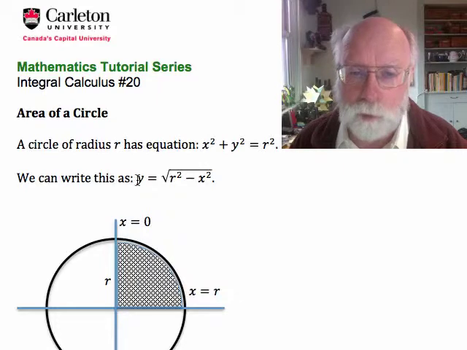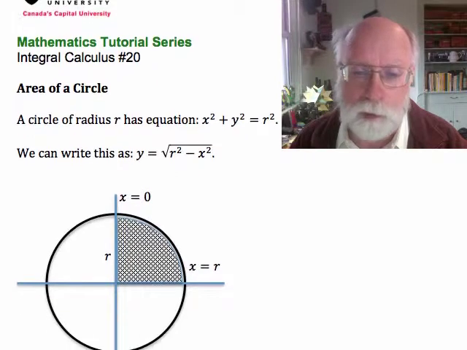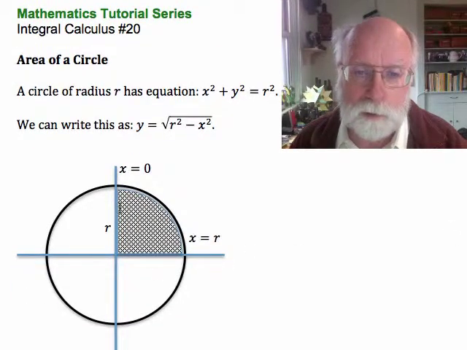So this formula is valid on the top half of the circle. And to calculate the area, I'm going to calculate the area of 1/4 of the circle and then multiply by 4. So that means I'll be doing my integrals between 0 and r.